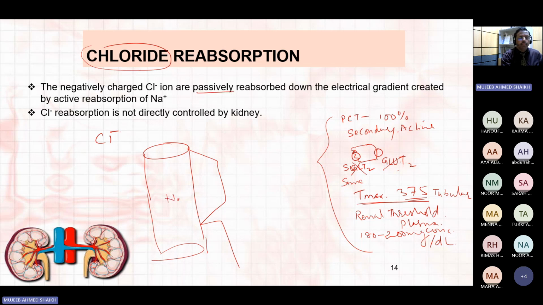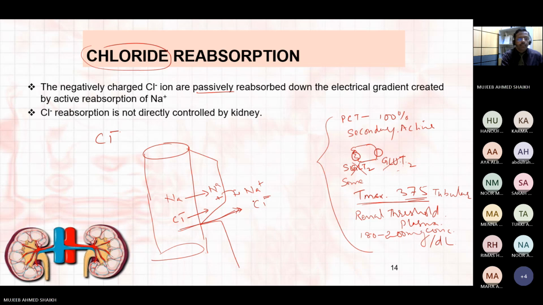Once the sodium goes in, the positivity increases here and chloride is negative, so it will go into the cell. Usually they pass in between the cells to neutralize, because sodium will come here, so chloride will also come here to neutralize the positivity.